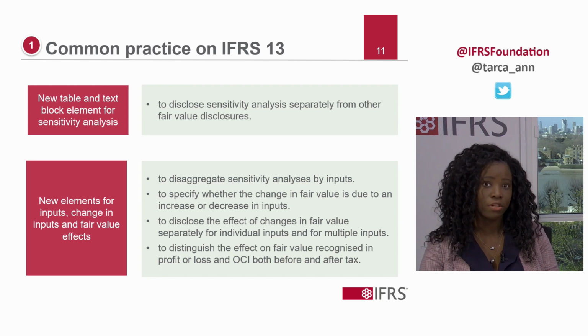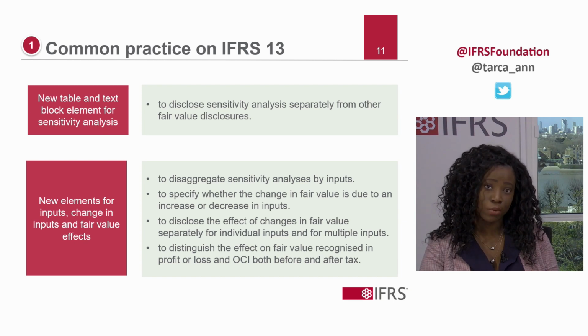The second set of new elements are designed to help preparers tag inputs used in sensitivity analysis and disclosures about the effects on fair value. Specifically, this set includes new elements to allow preparers to specify whether the change in fair value is due to an increase or a decrease in the inputs.